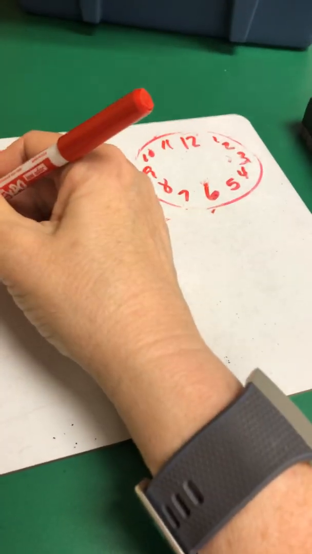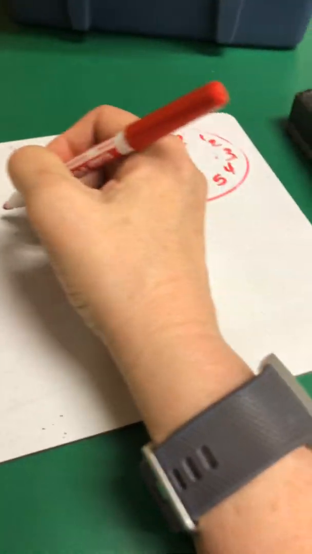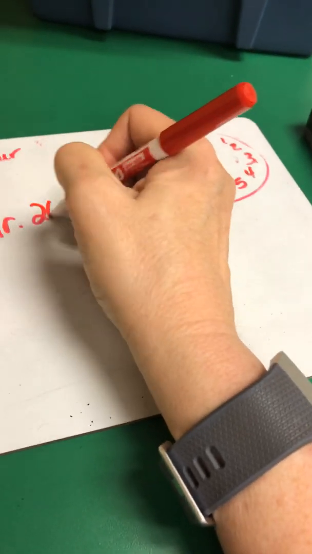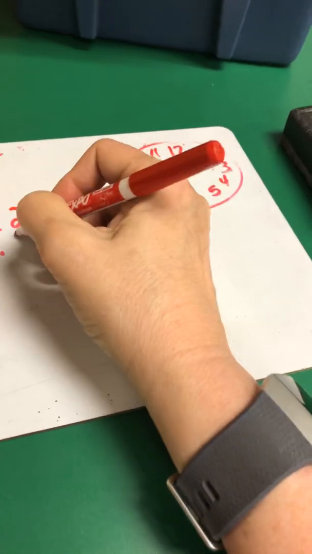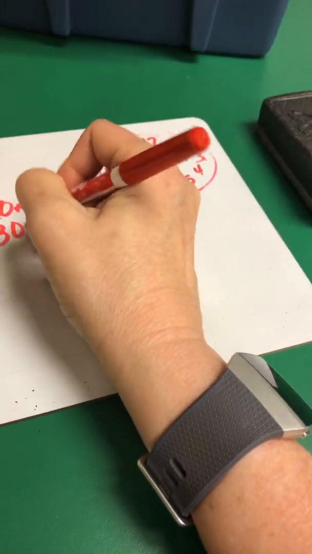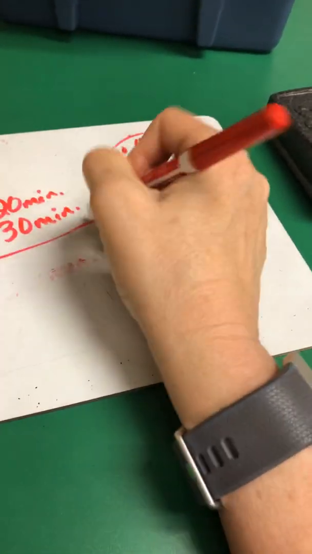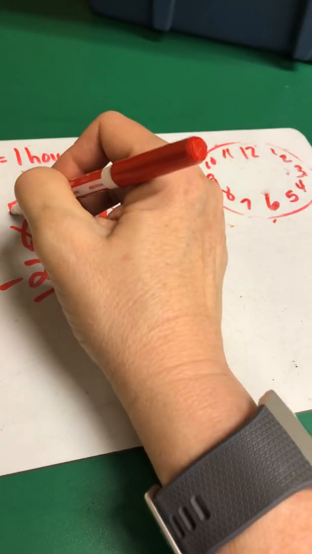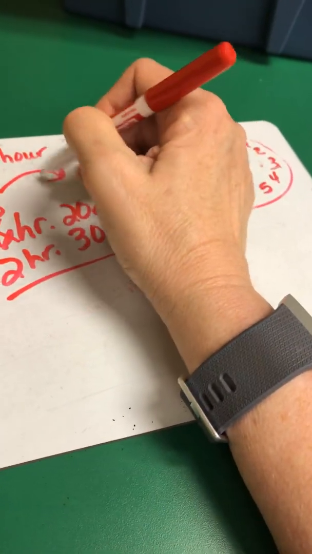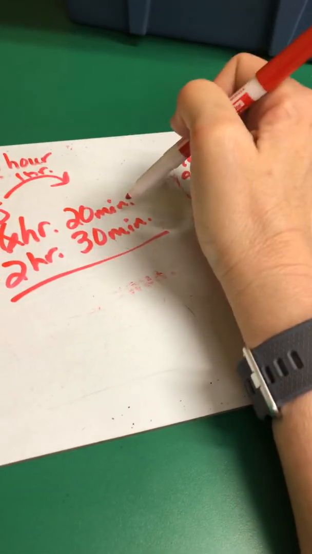Hold on and let's try another one. Let's say I have 6 hours and 20 minutes minus 2 hours and 30 minutes. I can't take 30 from the 20, can I? So I'm going to borrow from the 6. The 6 becomes a 5. I'm bringing over 1 hour, but this is minutes, so there are 60 minutes in an hour.